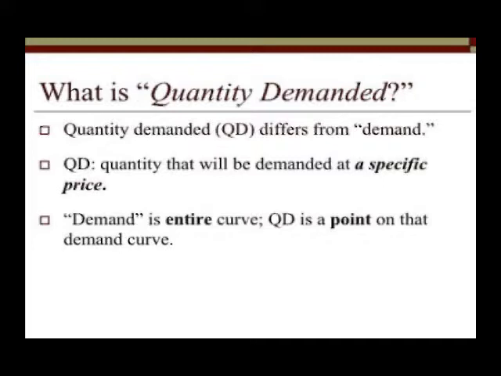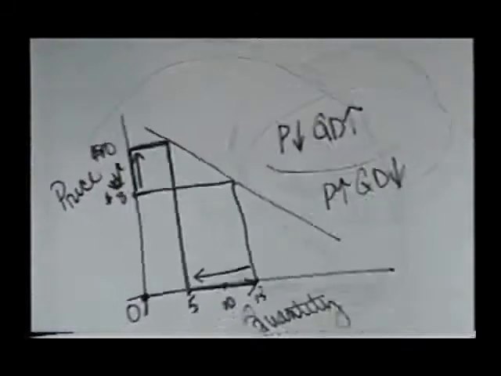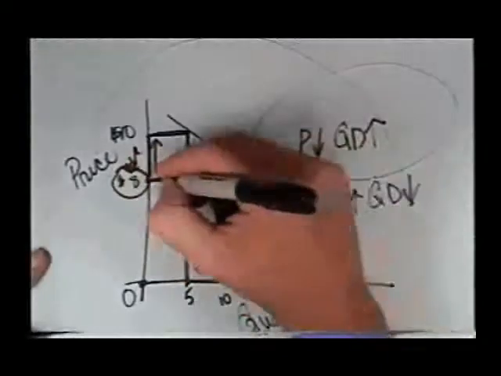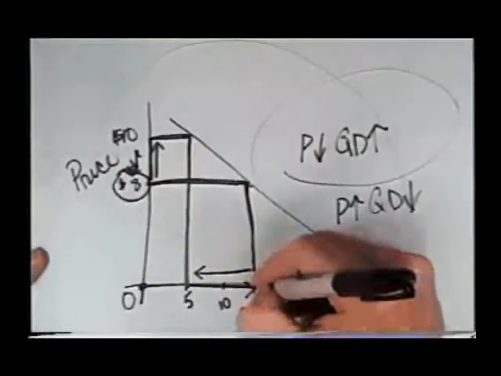Quantity demanded is different from demand. It is not the entire demand curve, it's price specific. So quantity demanded is a specific quantity that will be demanded by buyers at a specific price. For instance, on this kind of messy looking graph here, we said that at a specific price of $8, the quantity demanded was 15 units.